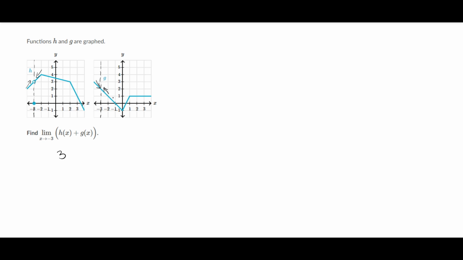X's are approaching minus 3 to the value 2. Here, yes, minus 3 and value 2. Plus 2. Limit of h of x plus limit of g of x, both have borders on minus 3. So we have a total value of 5.